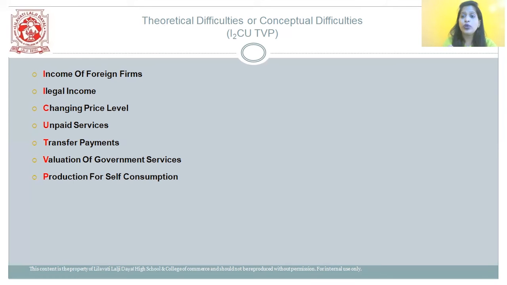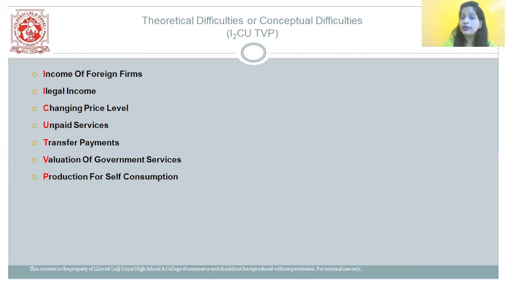Next one, valuation of government services. Your valuation of government services becomes very difficult. For example, defense services, health services, it becomes really difficult. Next one is production for self-consumption. Students, production for self-consumption is never included in the calculation of national income.